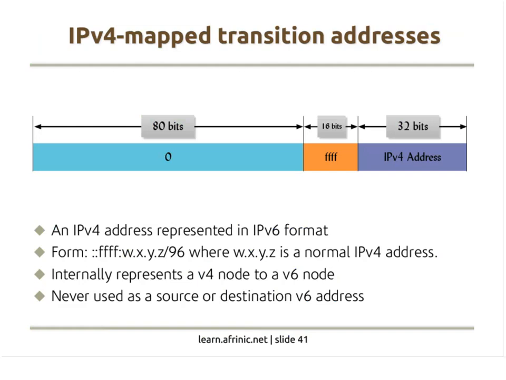So the transition address representation looks like that: an IPv4 address represented in IPv6 format. The last 32 bits are the IPv4 address, and then you have 16 bits represented as FFFF. This internally represents a v4 node or v6 node, and that's one technique. These are some of the transition techniques that will be mentioned, I think, tomorrow in the next webinar. So it's good to note that this is one of the techniques used.